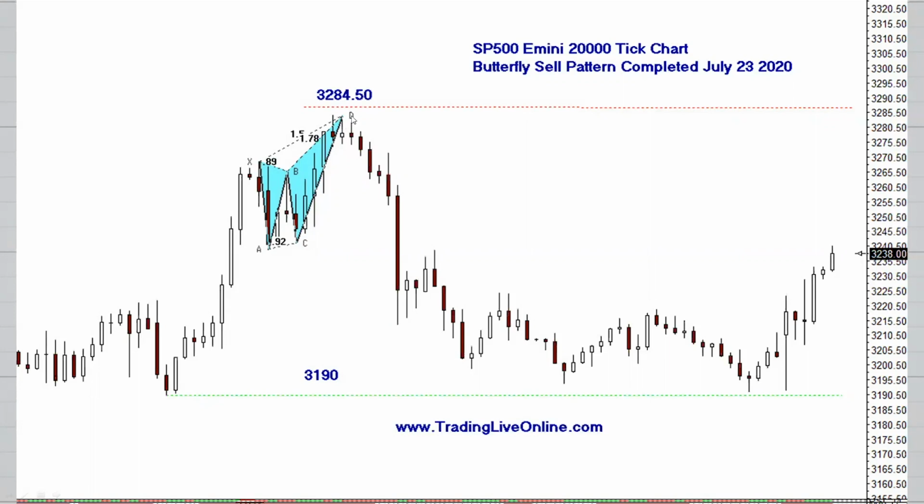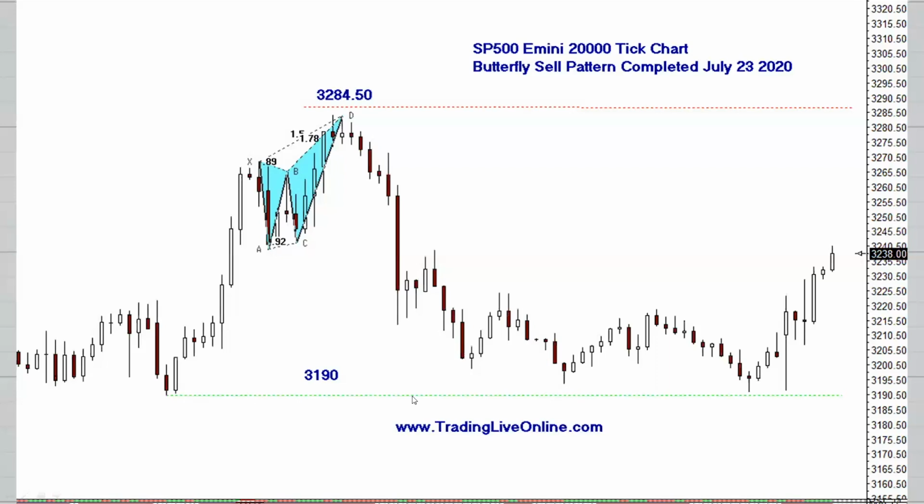And now I'm starting to see more of these patterns start to form on the intraday charts. As an example, this one that I'm showing here just completed a couple days ago in last week's trading and got just under a 100-point correction to the downside.